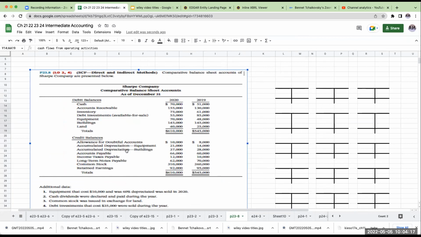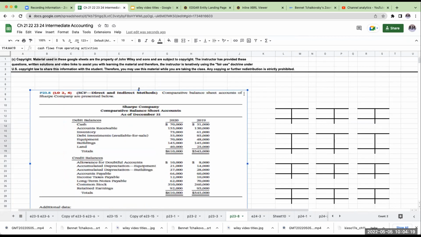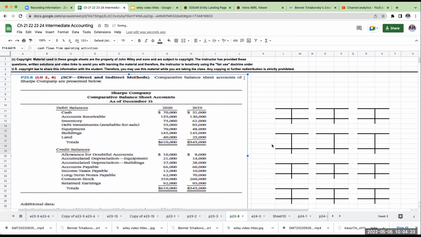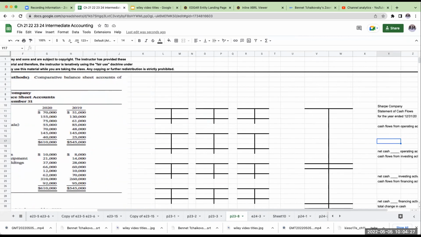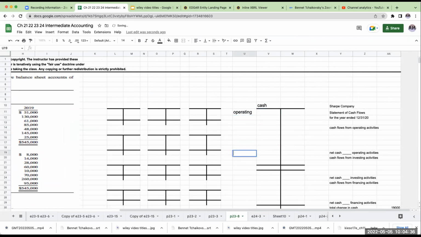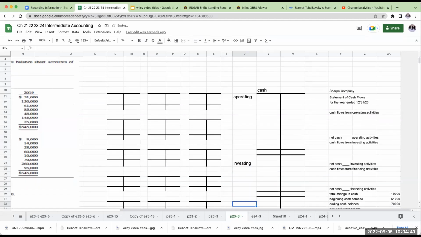I've made my skeleton. Next I'm going to have my cash, operating, investing, and then financing.